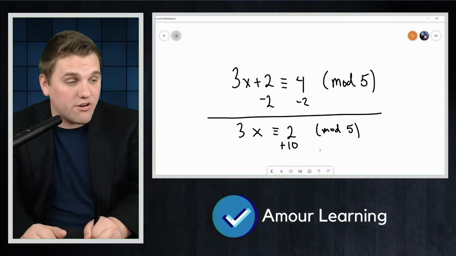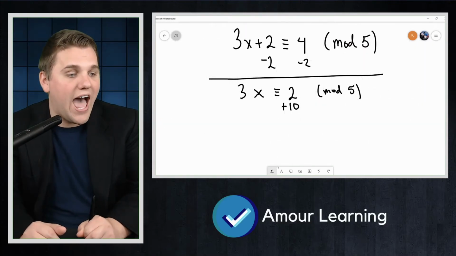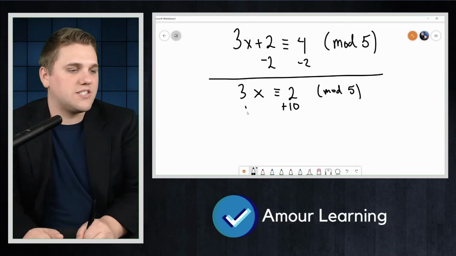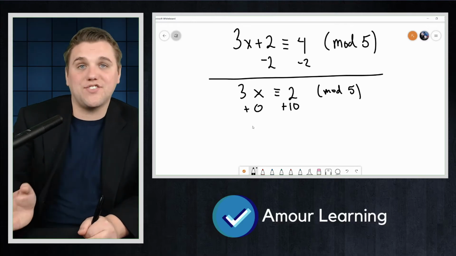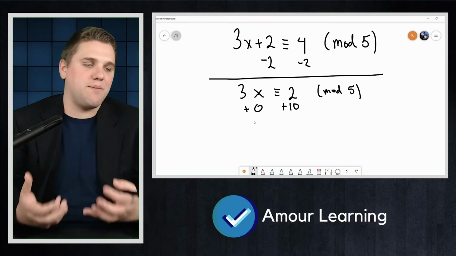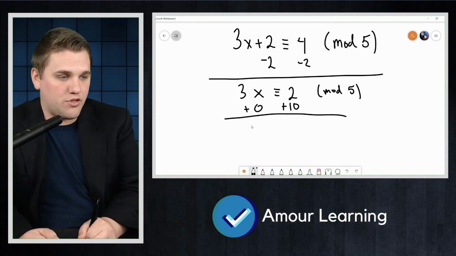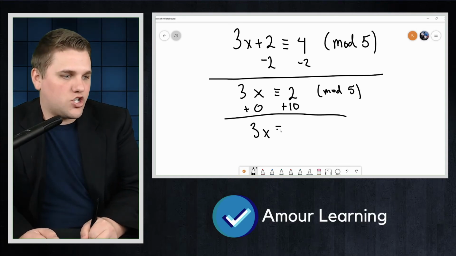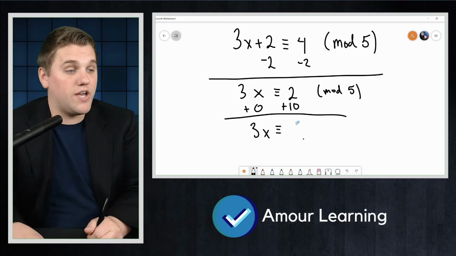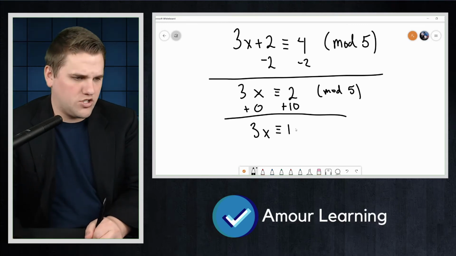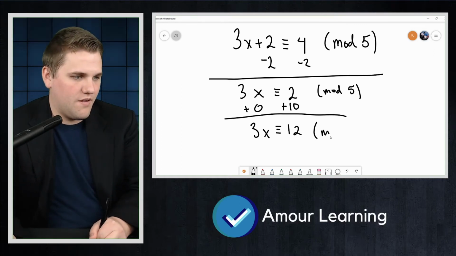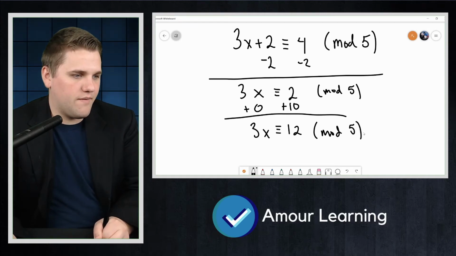10 is 0 mod 5, and so I can add 10 on the right side and 0 on the left side; I'm adding the same number to both sides. 3x plus 0 is 3x, and 2 plus 10 is 12 mod 5.